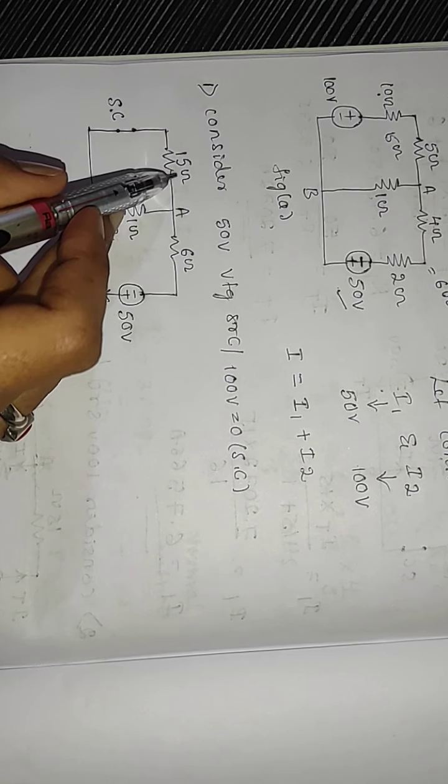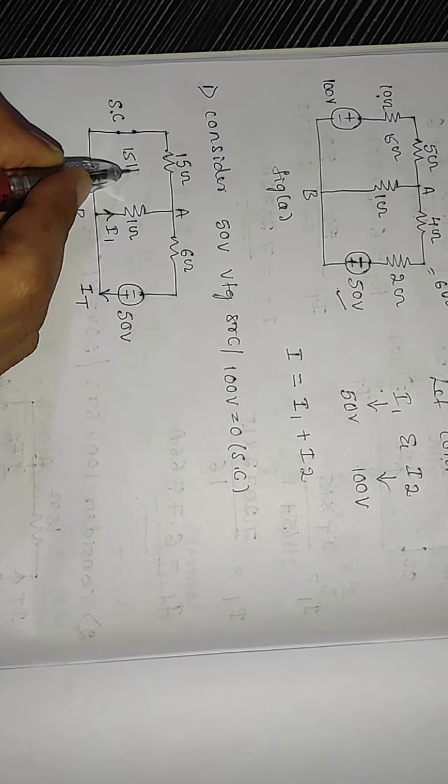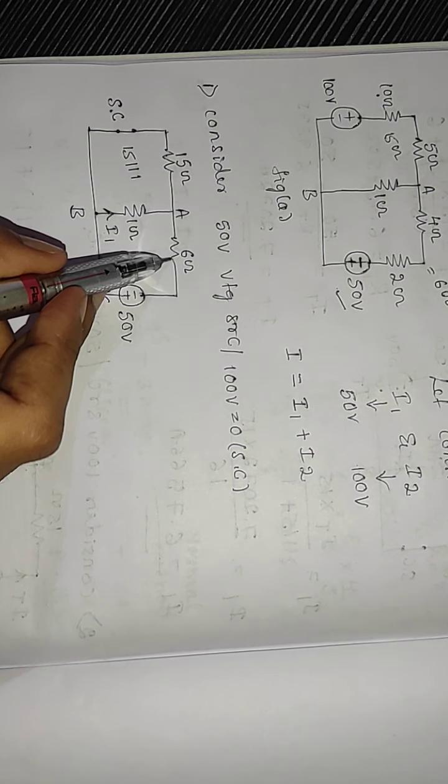So first I will find the total current, and after that you can apply the current divider rule to find the I1 current. Before that, first I have to find the total resistance, right? Here the 15 ohm and 1 ohm are connected in parallel, and then connected in series with 6 ohm.